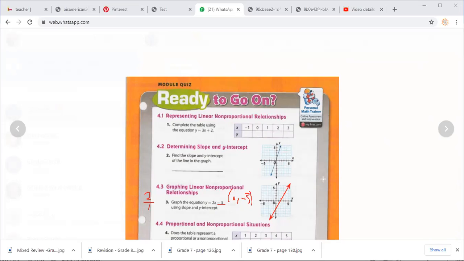After that, the slope is 2 over 1, which means 2 units up and then 1 to the right. As I said before, the top number, the numerator, guides you to know if you are going to count up or down. And always we will move to the right.